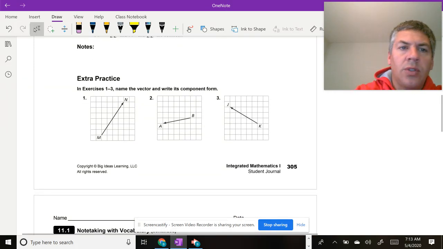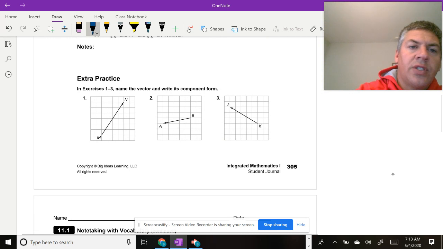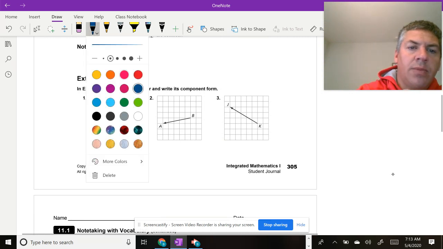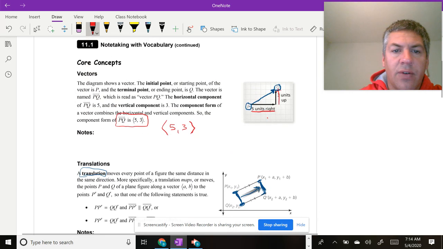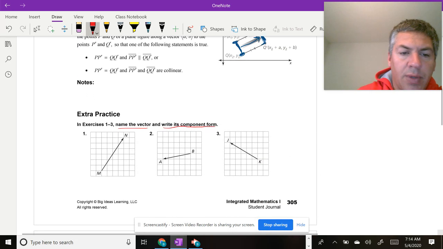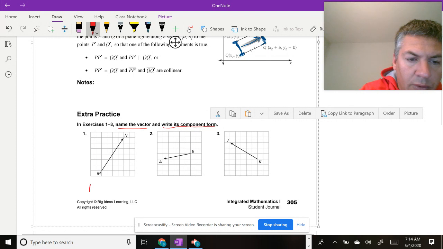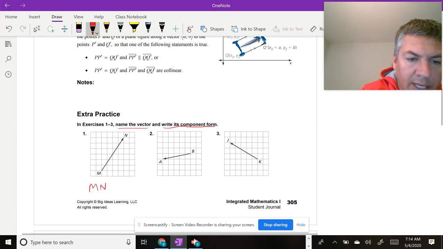Okay, so the first example problem is set up so we're going to name the vector and write it in its component form. All right. Basically, I'm just looking for the vector to be named MQ or MN in this case.